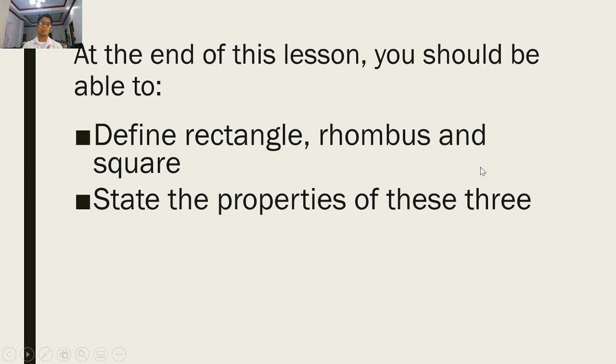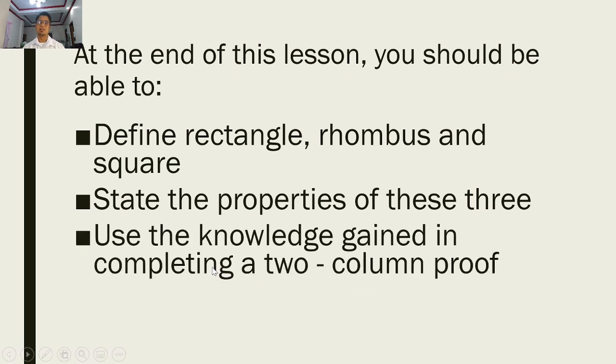So kung meron tayong properties ng parallelogram, aside from those properties na taglay din itong tatlo, meron pa silang para sa kanila. And we will be discussing that also. And last but not the least, we have to be able to use this knowledge, yung properties na yon, sa pagkumpleto sa two-column proof. Marami na kaming na-experience na nagkakaproblema sa two-column proof. We are hoping na with this video, at least mabawasan yung confusion. At the same time, may matutunan po tayo.